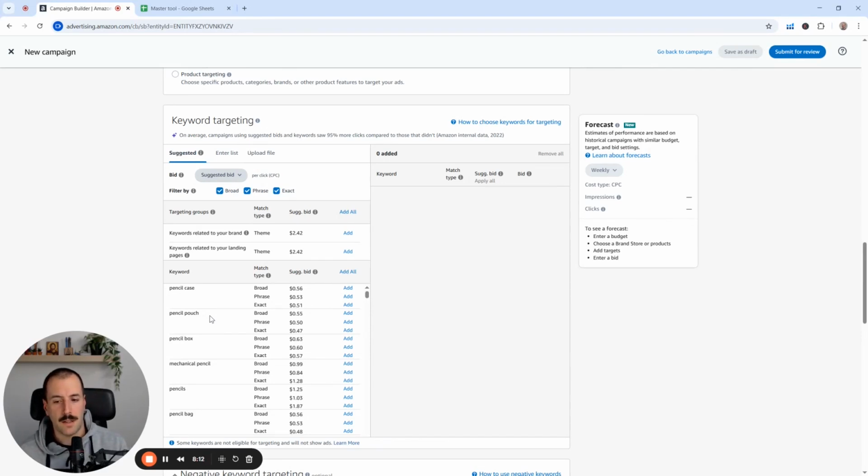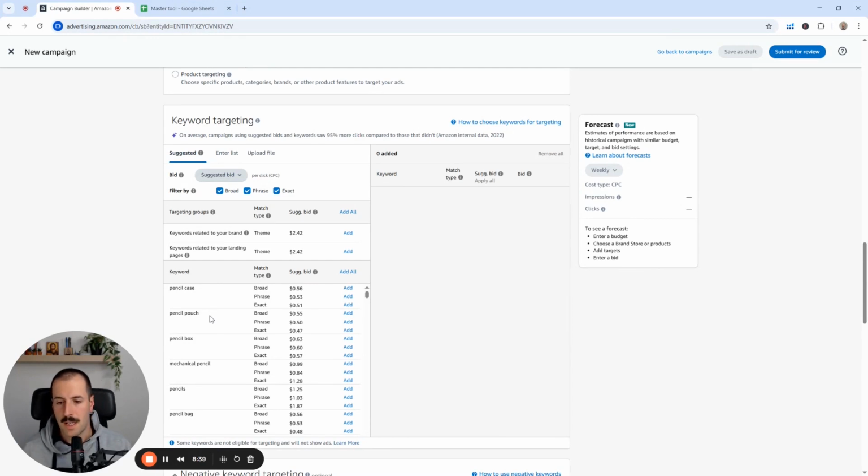Then you may bid more aggressively maybe on phrase match and broad match but being careful with negations. Or is it a ranking campaign? Then you definitely want to use only exact match because you want to bid only on a specific term, not just any variation of it.